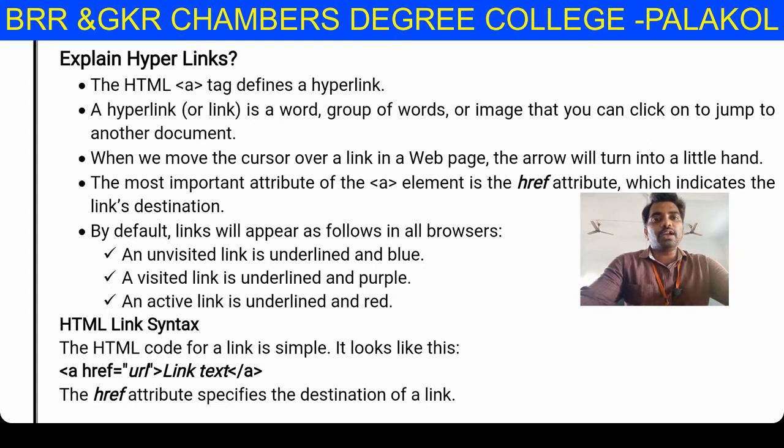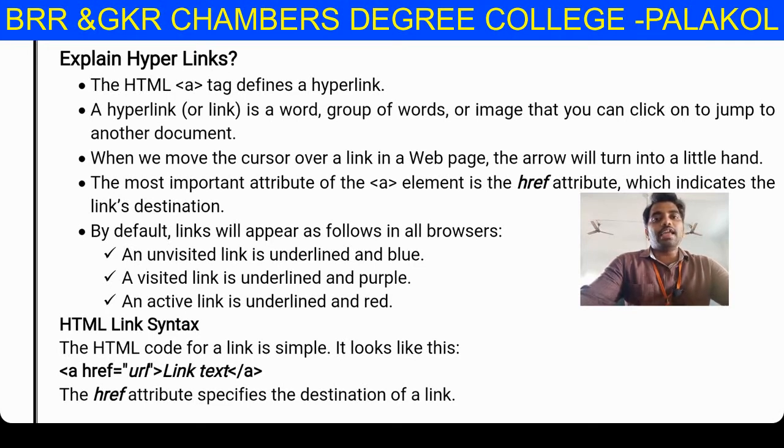When we move the cursor over a link on the web page, the arrow will turn into a little hand. The most important attribute of the A element is the href, hypertext reference attribute, which indicates the link.